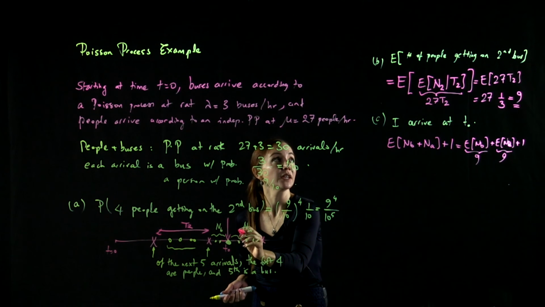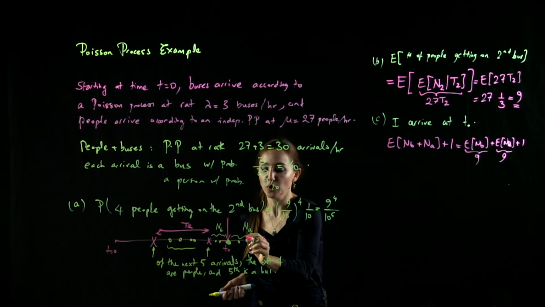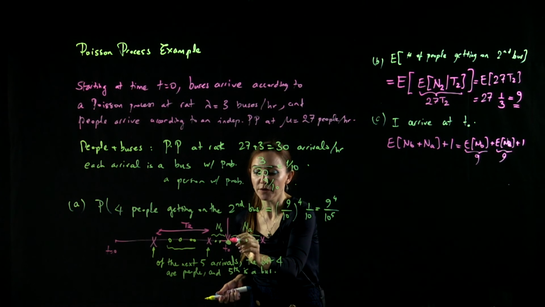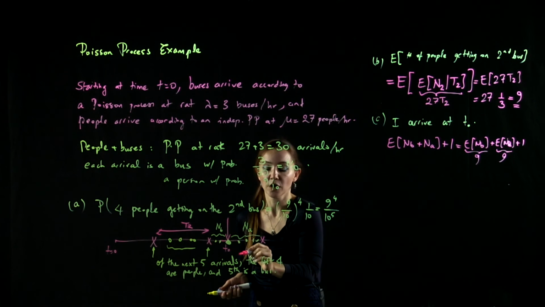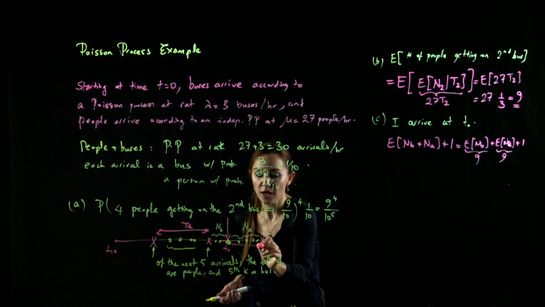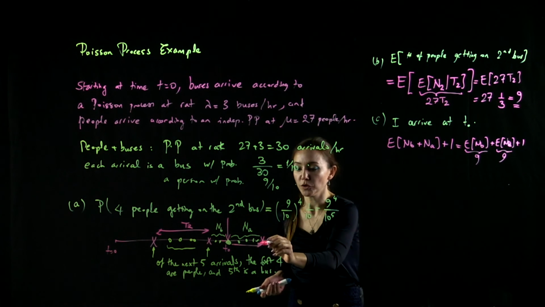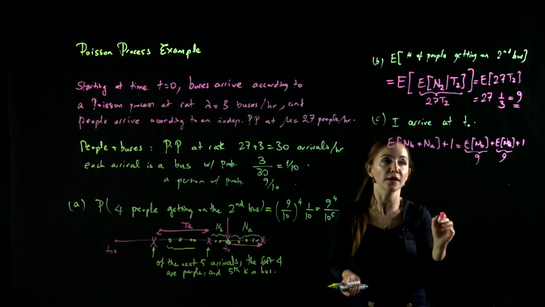This is the expected number of people getting on the next bus, because whether I arrived at time T0 or not, I'm starting to observe the Poisson process at some fixed time T0, and the total number of people arriving before the first bus has expectation 9.